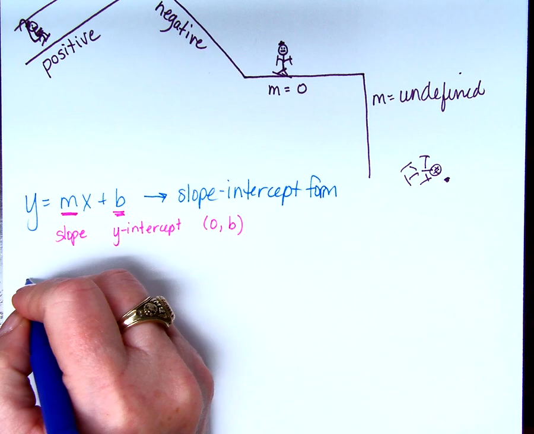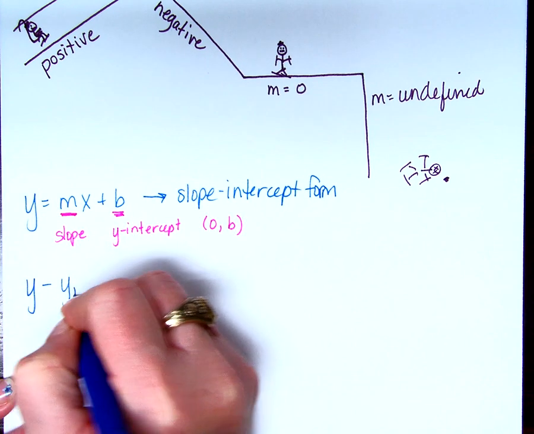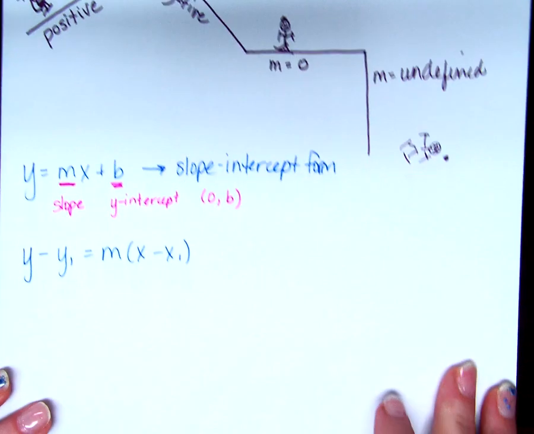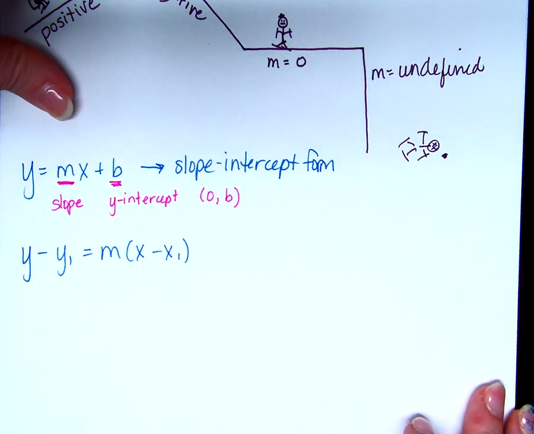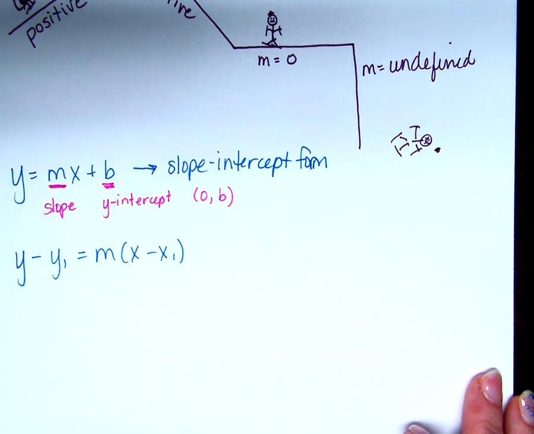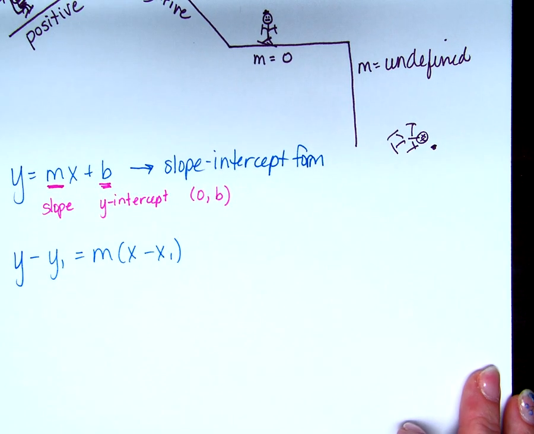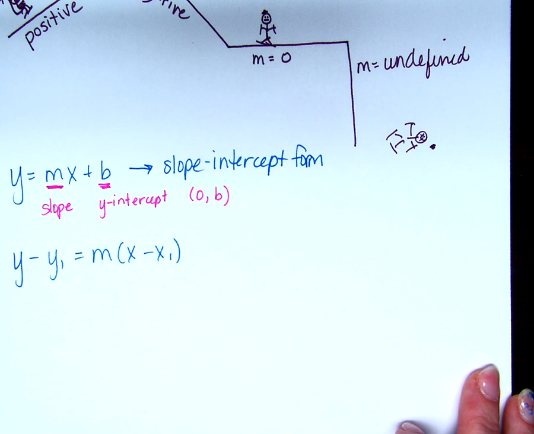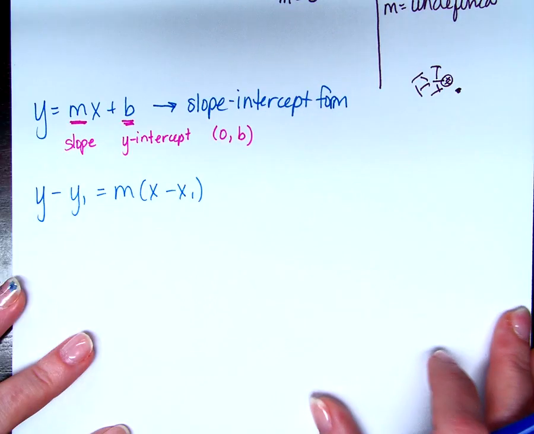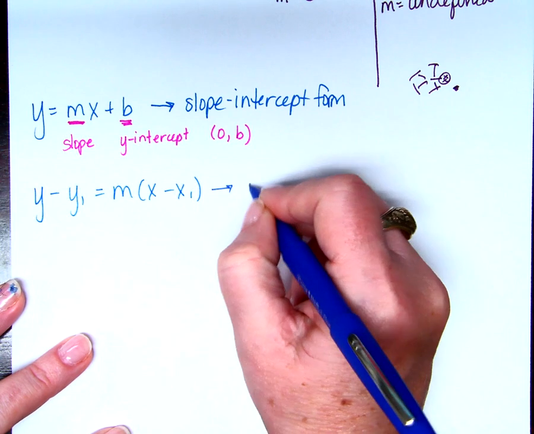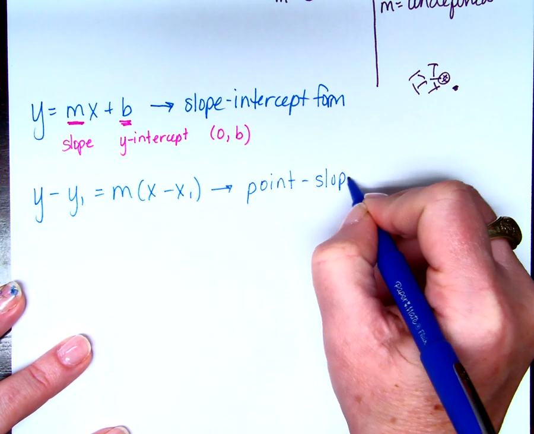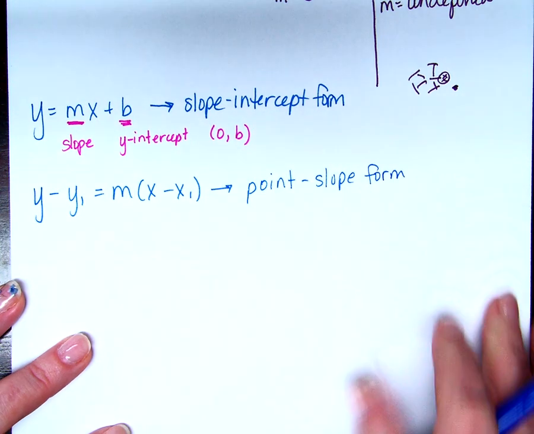What about this? What's this called? Do you remember? This is called point slope form.